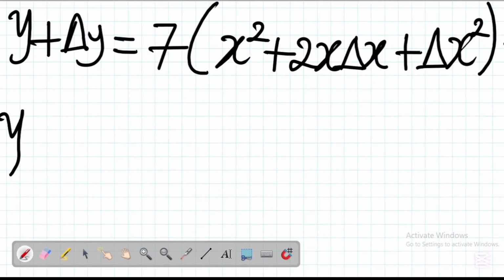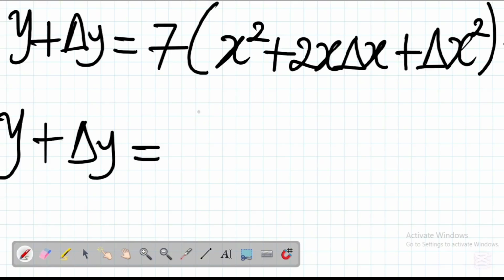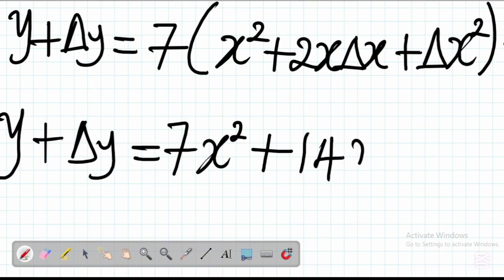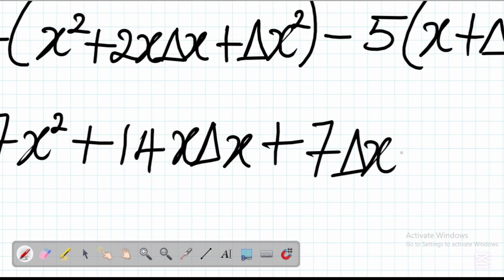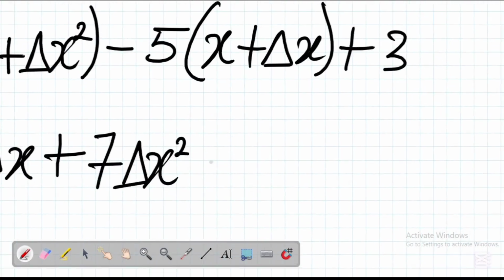So we have y plus change in y equals 7 multiplied by x squared gives us 7x squared plus 7 multiplied by 2x change in x gives us 14x change in x plus 7 multiplied by change in x squared gives us 7 change in x squared minus 5 multiplied by x gives us 5x.